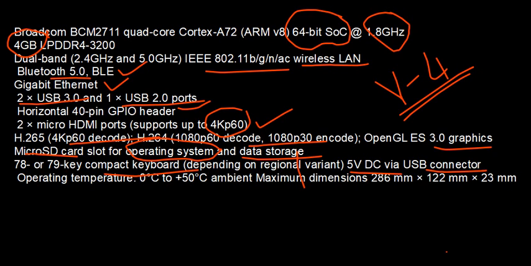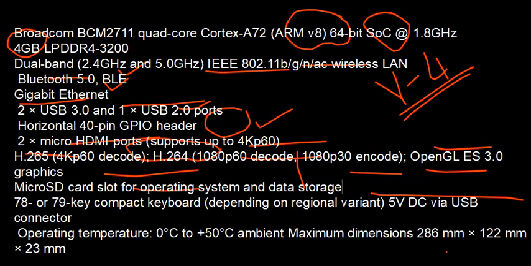So this is the dimension, which we are not really bothered about. It is a credit card sized computer. So now this gives you an idea about the specifications of the latest version of the Raspberry Pi, version 4.